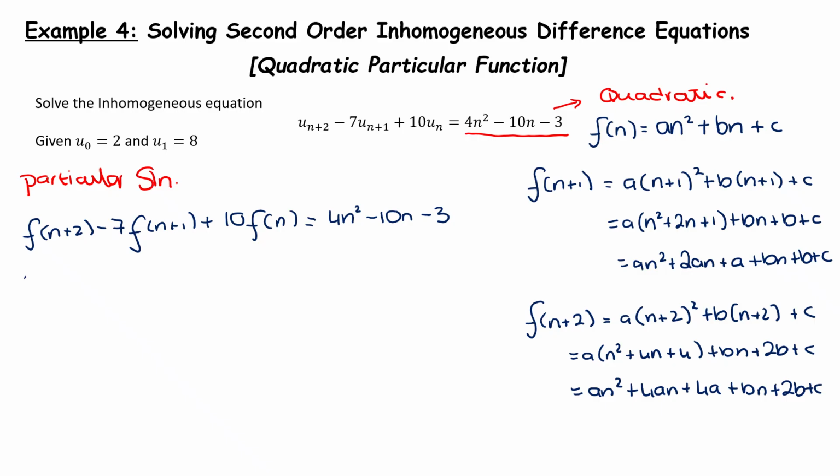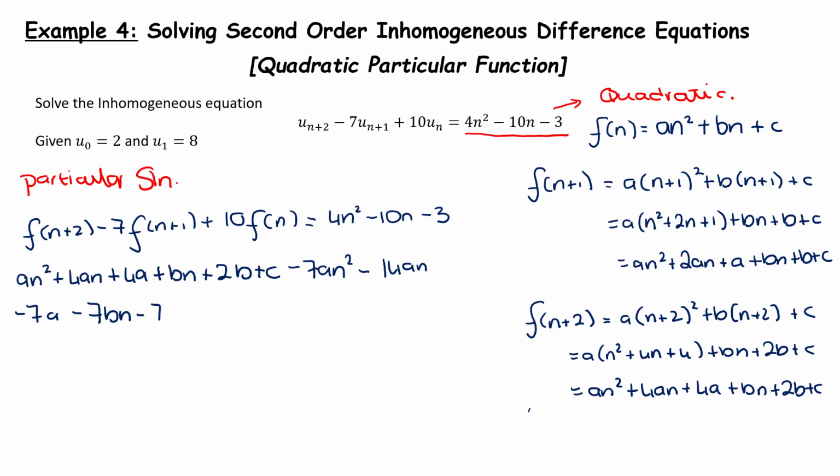So that is an squared plus 4an plus 4a plus bn plus 2b plus c. That's just f of n plus 2. Then we have minus 7 times f of n plus 1. So that's going to give me minus 7an squared minus 14an minus 7a minus 7bn minus 7b minus 7c.